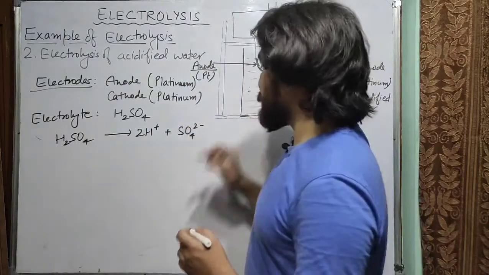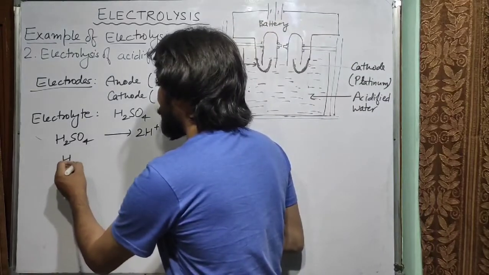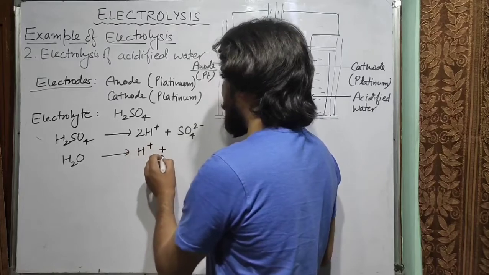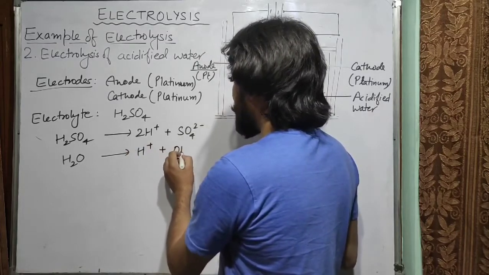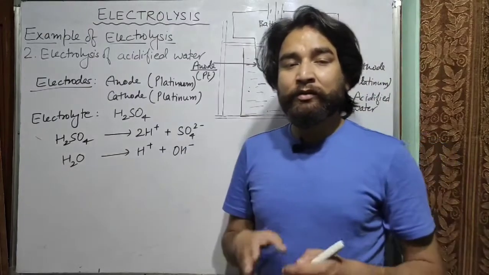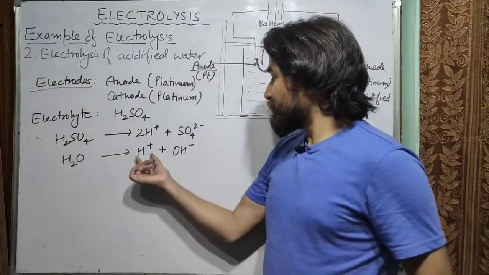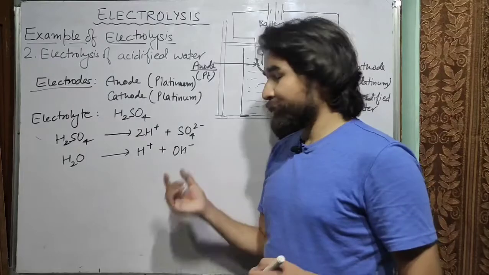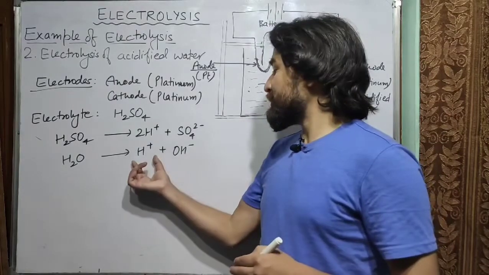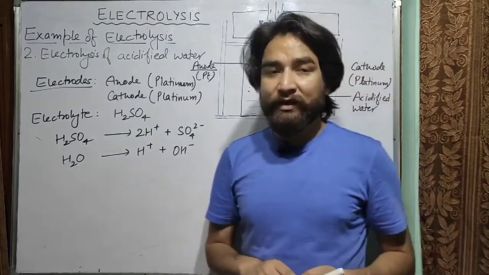Also, because it consists of water, water forms a very small number of H+ ions and OH- ions. So this is what happens in water. Water will also dissociate into H+ and OH- ions. However, a very small number of water molecules will dissociate into H+ and OH- ions.